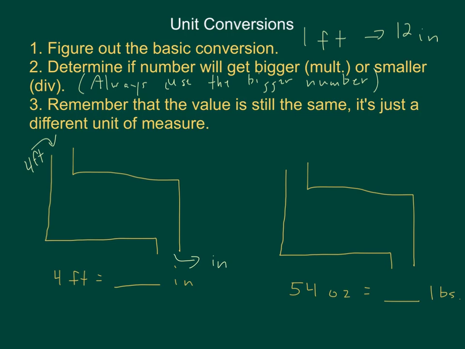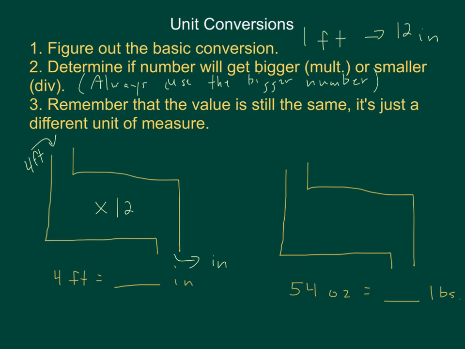So coming back up, the basic conversion, 1 foot is 12 inches. To go from feet to inches, the number gets bigger. So since it's going to get bigger, we're going to multiply. And we always use a bigger number for this, so we're going to multiply by 12.